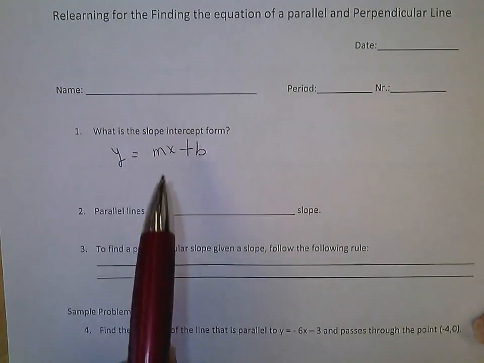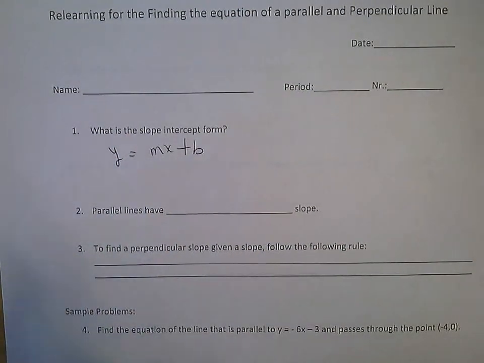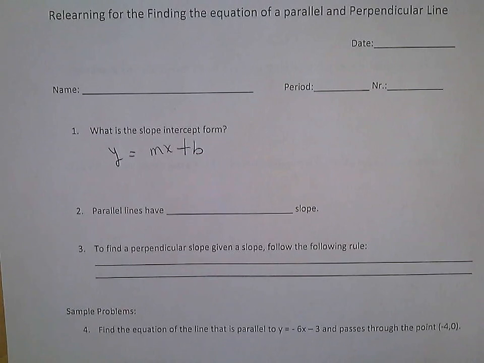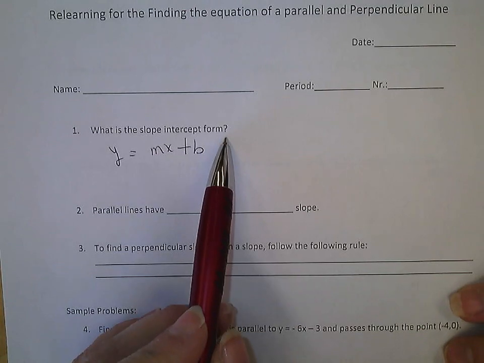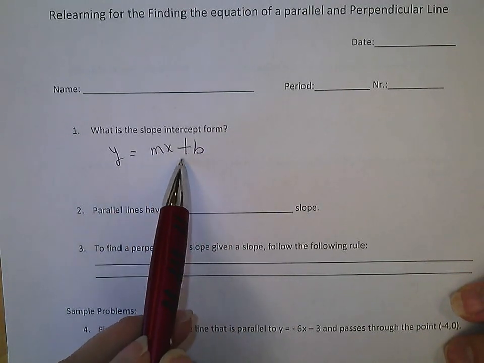Before I go on, if you don't have the sheet, you can rewrite all of the information on it on a loose leaf piece of paper, or you can find copies of it in the back of room 1029, in the blue compartment, and it'll say right at the top, the relearning for the equations for parallel and perpendicular lines.